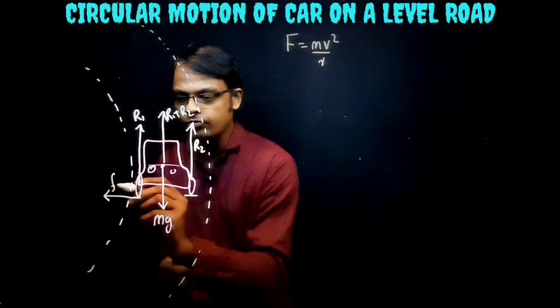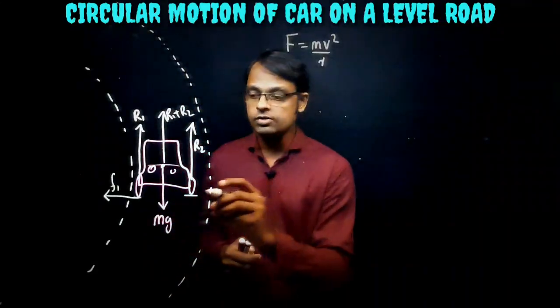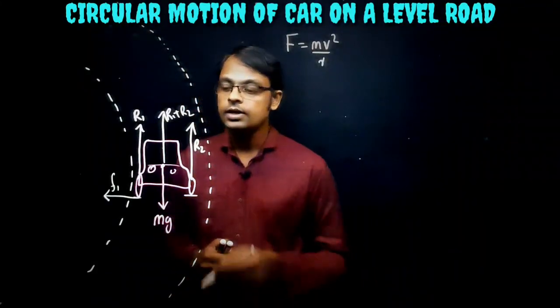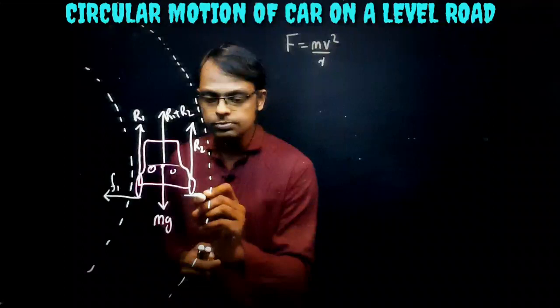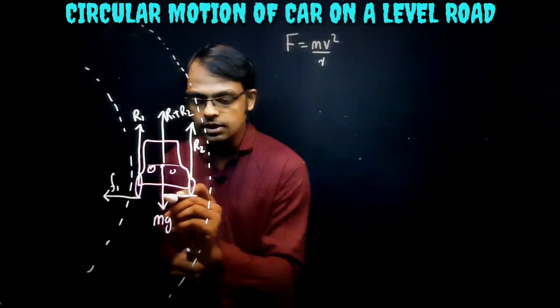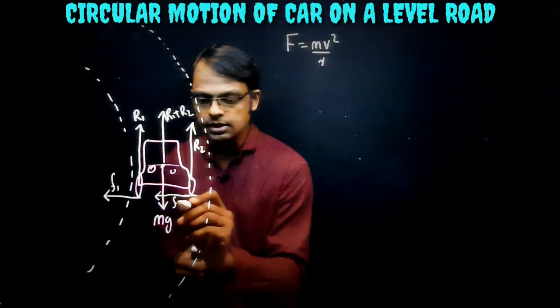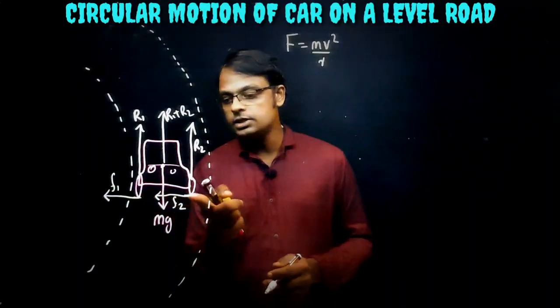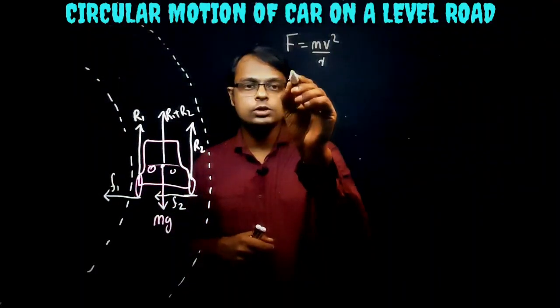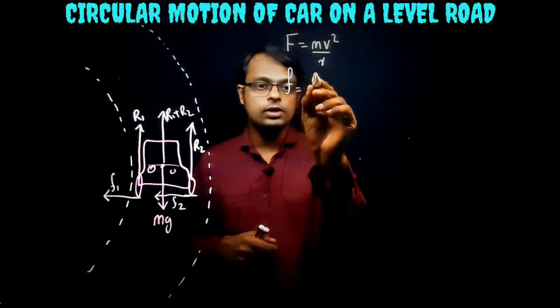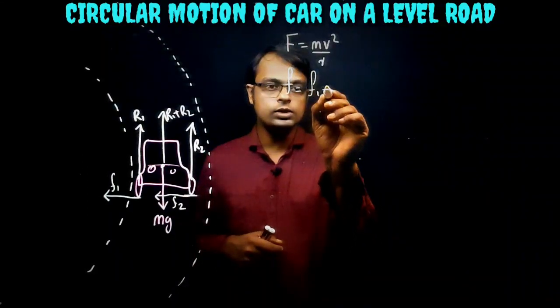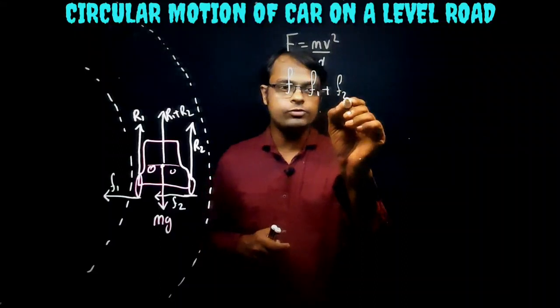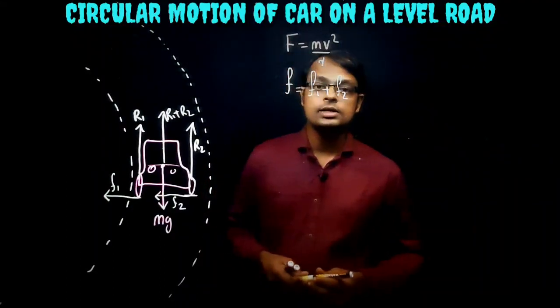Say F1 is the total frictional force by these two tires. In the same way, the other two tires provide a frictional force in this direction, say F2. The necessary centripetal force is provided by these frictional forces. So what is the total frictional force? The total frictional force is F1 plus F2.